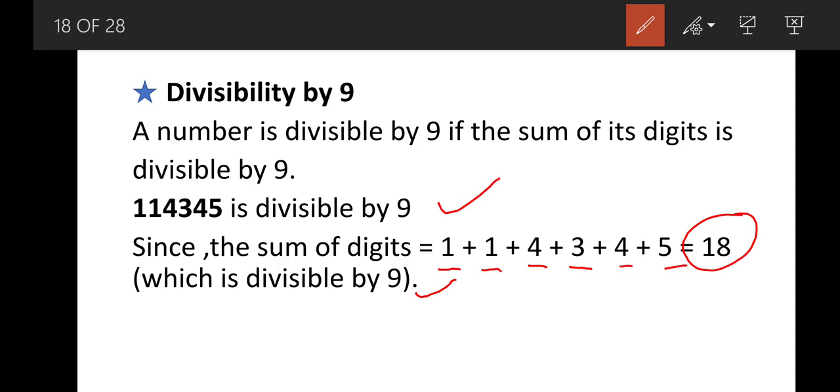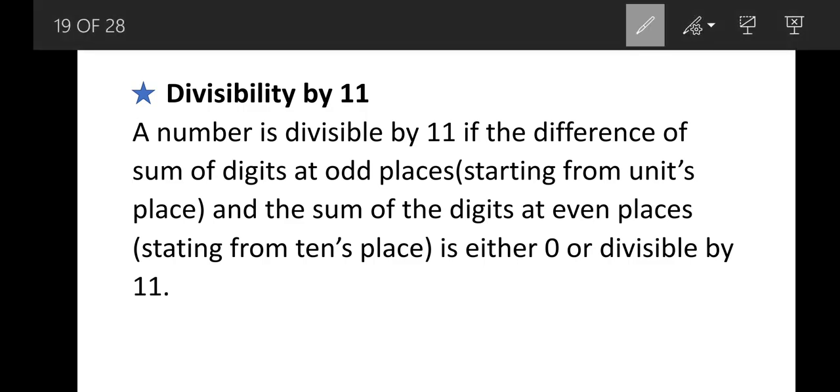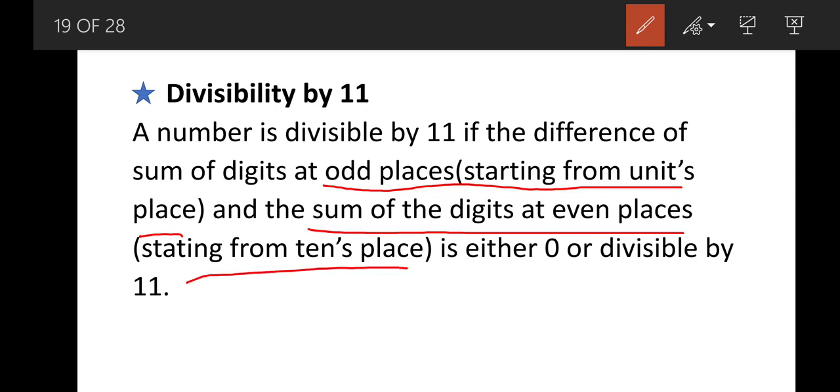And now I need to check whether the given number is divisible by 11 or not. Let us see divisibility by 11. What is the rule? A number is divisible by 11 if the difference of the sum of the digits at odd places starting from the units place and the sum of the digits at even places starting from the tens place is either 0 or divisible by 11.